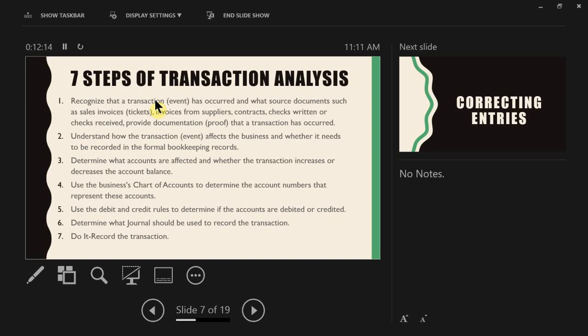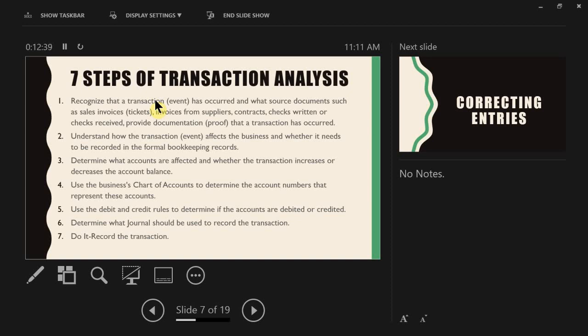You want to analyze it, understand it, and make sure that you have a physical copy or proof, again a source document, that this transaction has happened. Once you receive it, you've got to analyze it to see what this transaction is even about, okay?